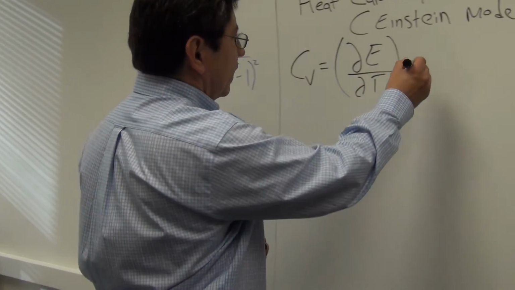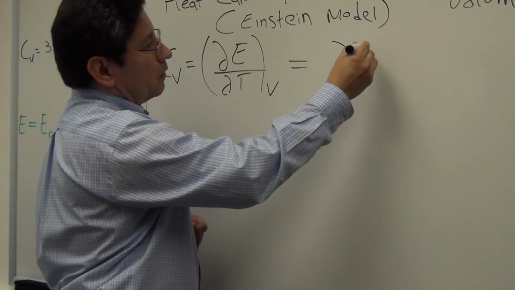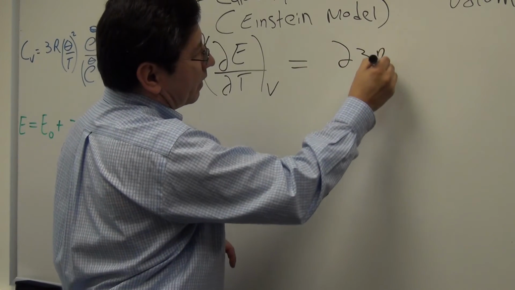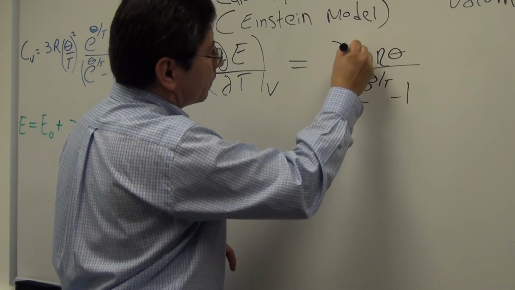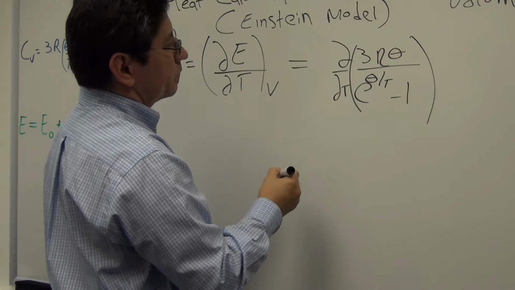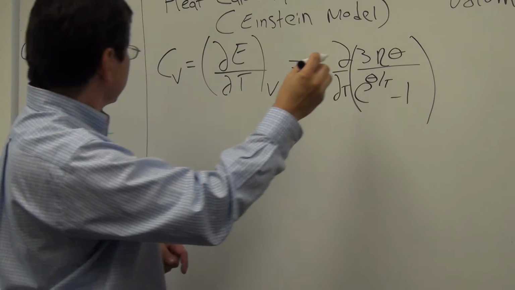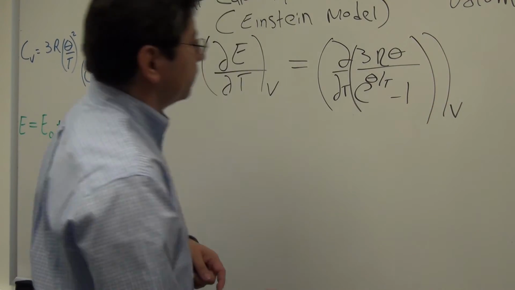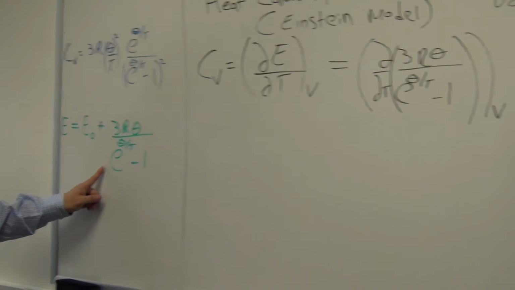So we can say that this is equal to the derivative of 3R theta over e to the theta over T minus 1, with respect to temperature, at constant volume. This whole thing at constant volume. It is the derivative with respect to temperature of the expression for the internal energy.